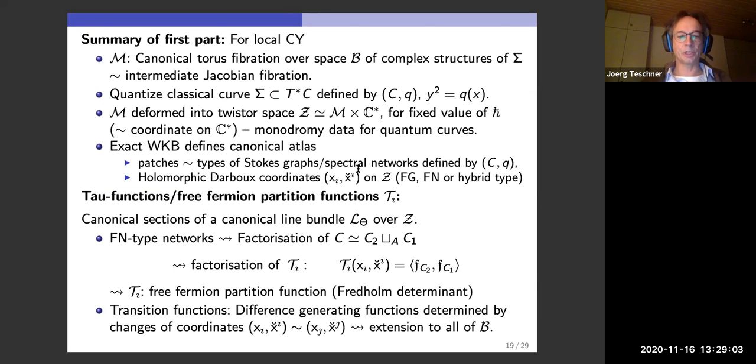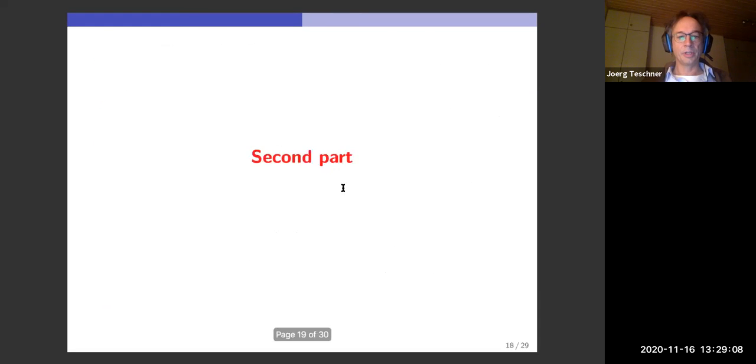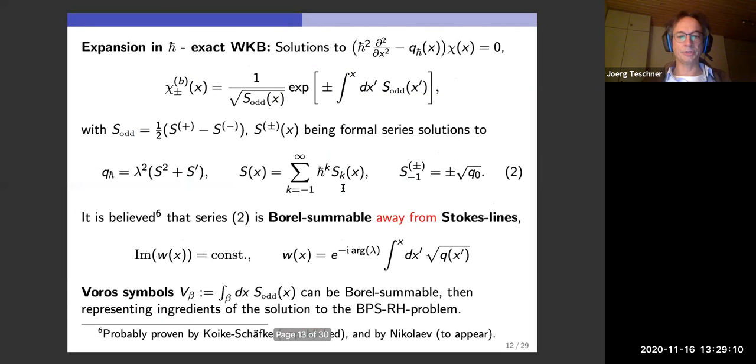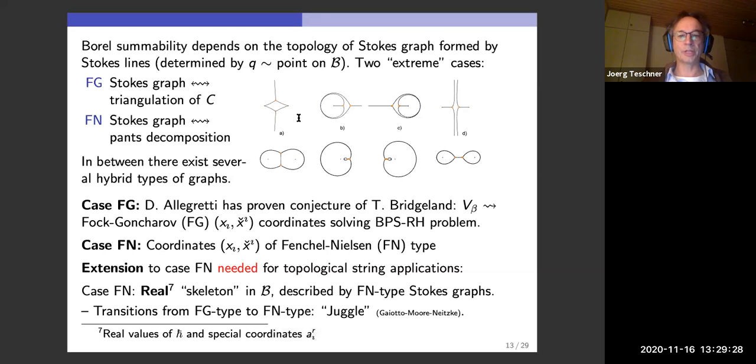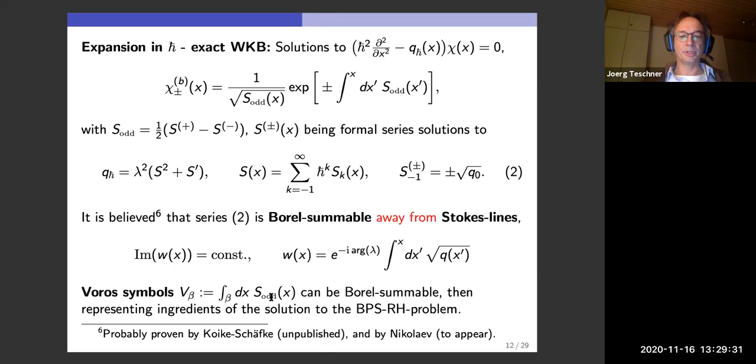We have defined charts, and then the next step is to define the actual coordinates. And here again, what we're using is this context of exact WKB. Namely, it turns out that we can define solutions to the equation defined by the quantum curve by Borel summation in each of the regions defined by our Stokes graph, and we can use this to define the so-called Voros symbols.